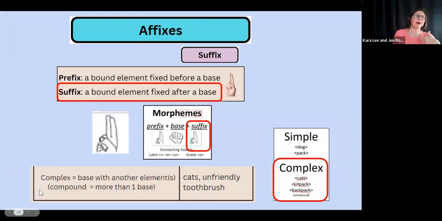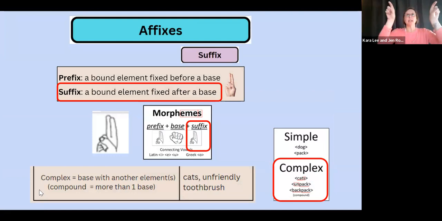So now affixes. Going back to that big structure, we know that we have written morphemes. What was the word for a written morpheme? Type that in the chat. What do we call a written morpheme? It starts with an E. Yeah, they are called elements.